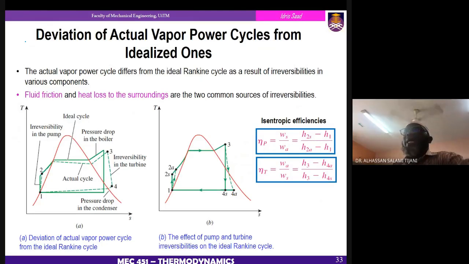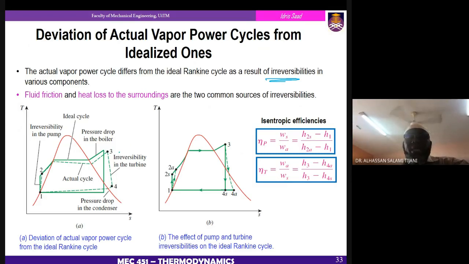So the actual vapor power cycle differs from the ideal cycle as a result of irreversibilities. In this situation, just like we did for the gas power cycle, in the steam power cycle we also have irreversibilities.